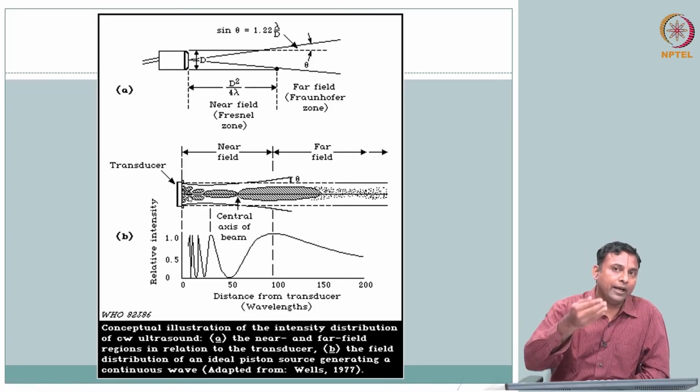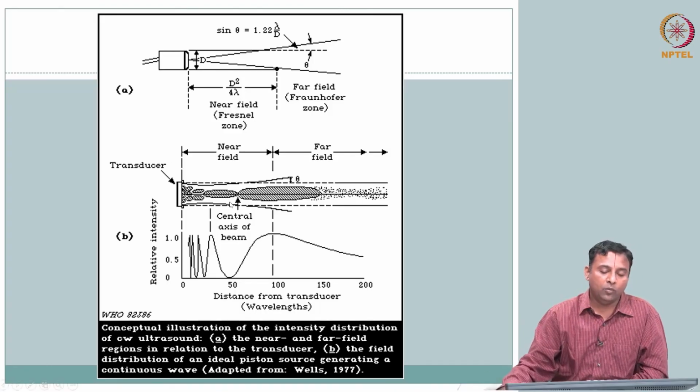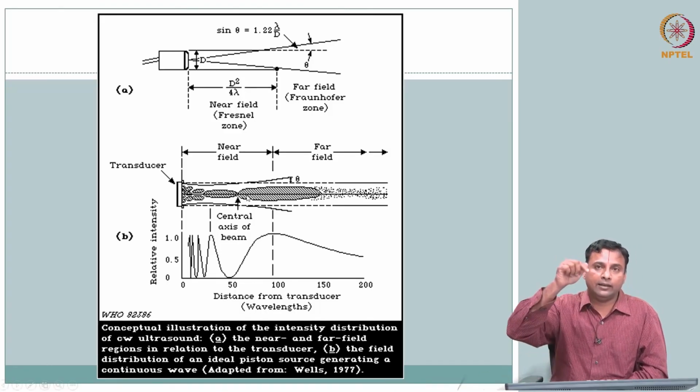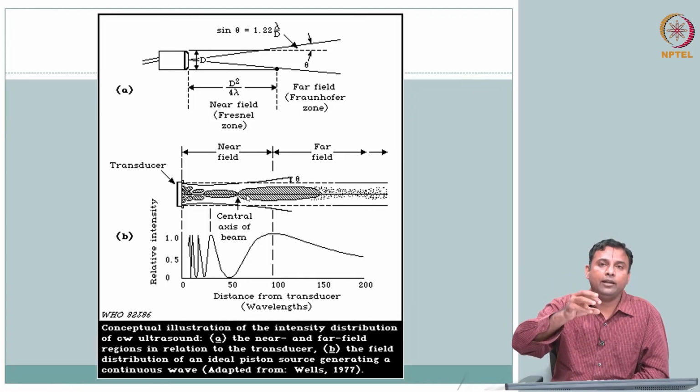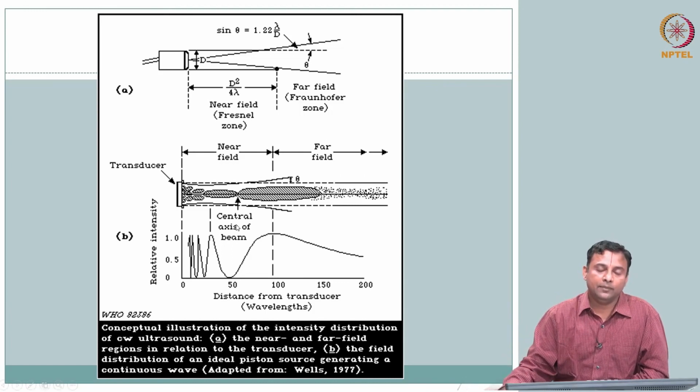What I am going to get as echo back is based on what is hitting at that location, what the impedance mismatches are. So it is important that we understand the different beam patterns, how we define this beam pattern, and how we get a handle on it.